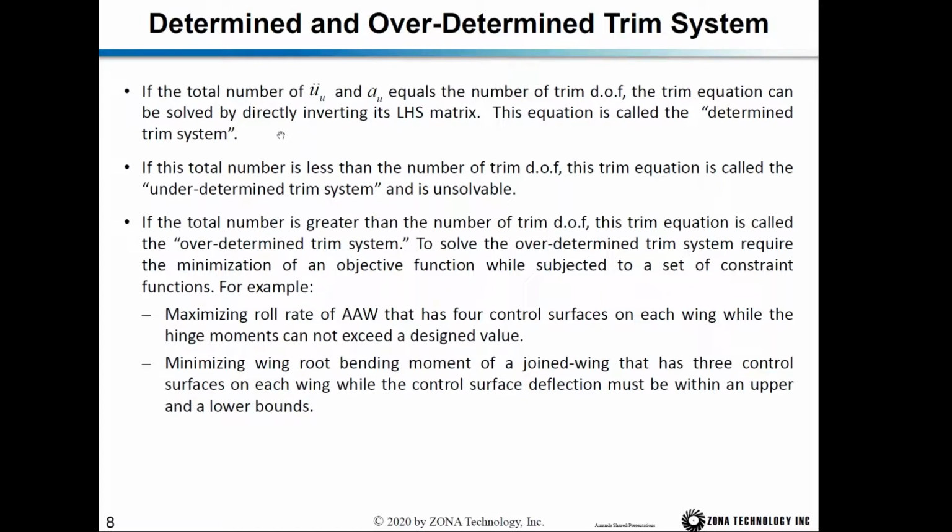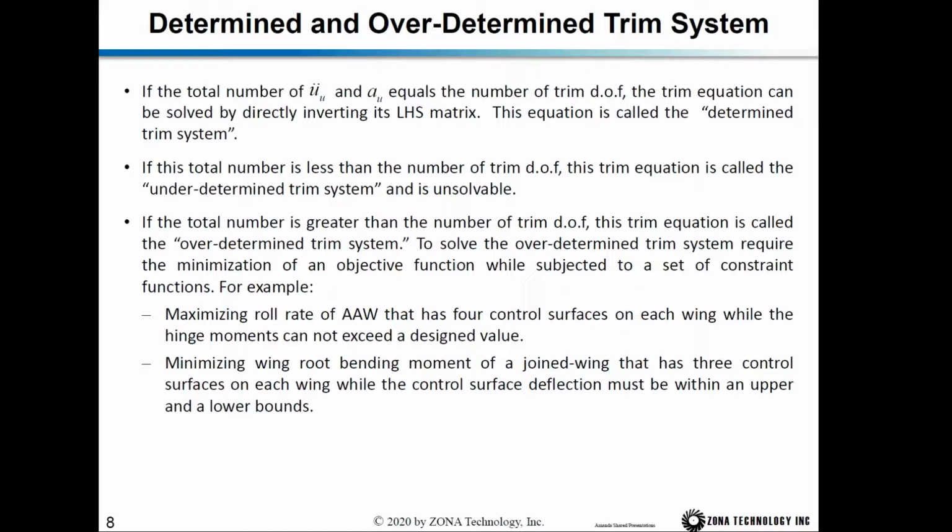To give you one example, if I want to achieve 1G cruise condition, the equation is the lift equals weight, and the total pitch moment, the Cm, equals 0.